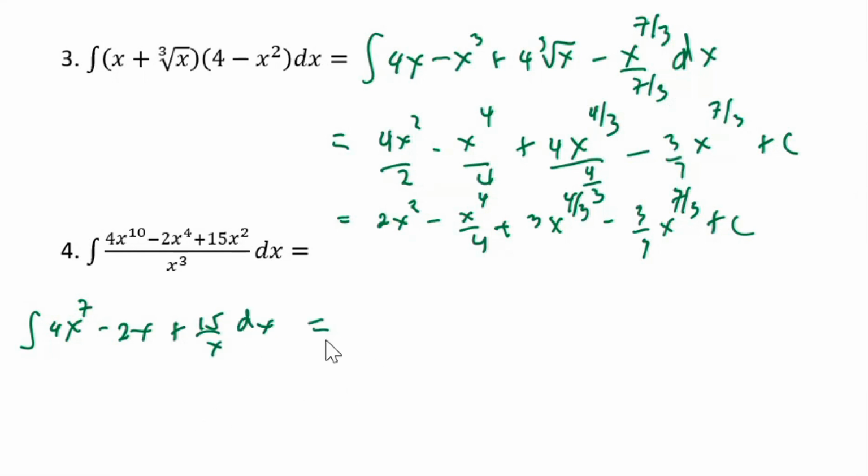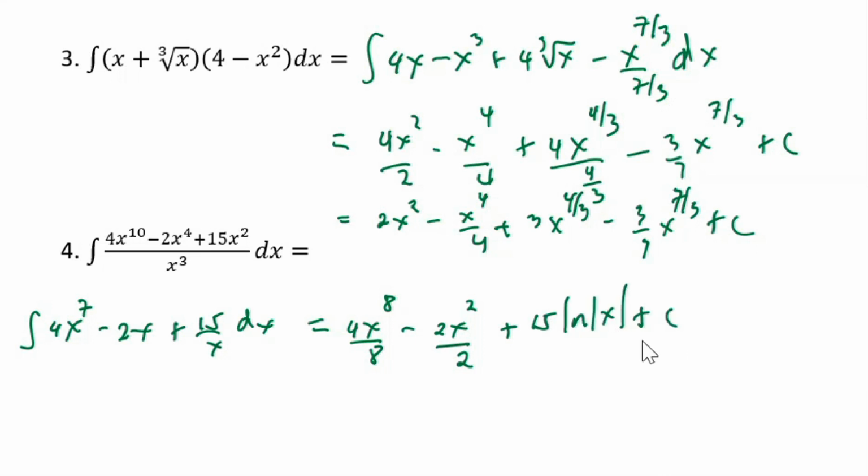By integration, we have 4x raised to 8 over 8 minus 2x squared over 2 plus 15 ln of the absolute value of x plus a constant.